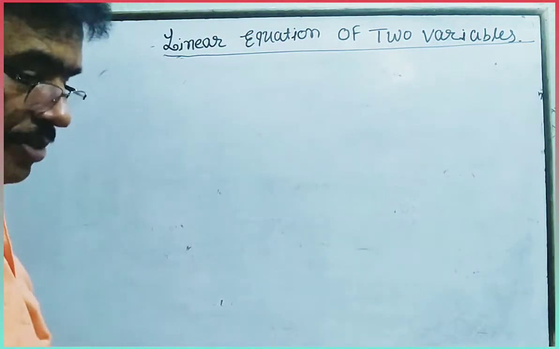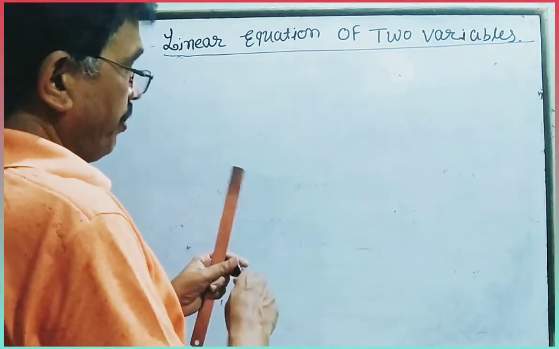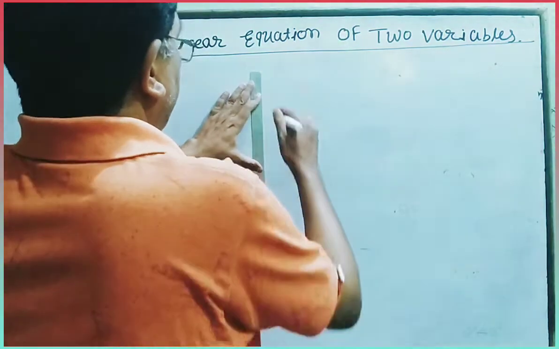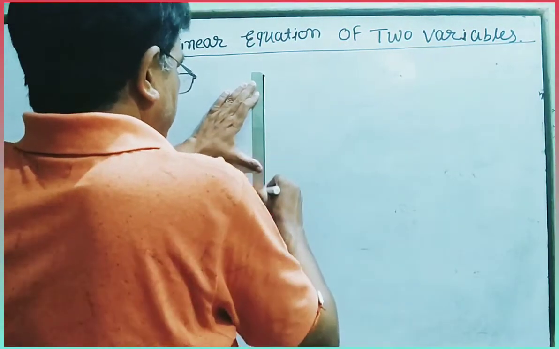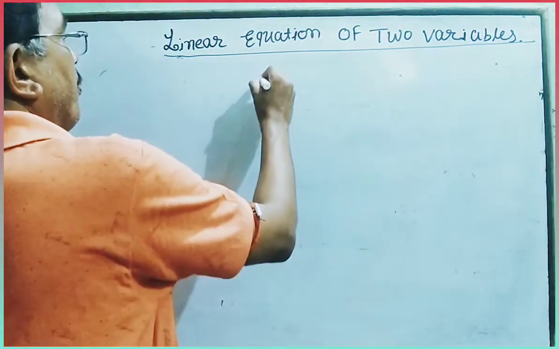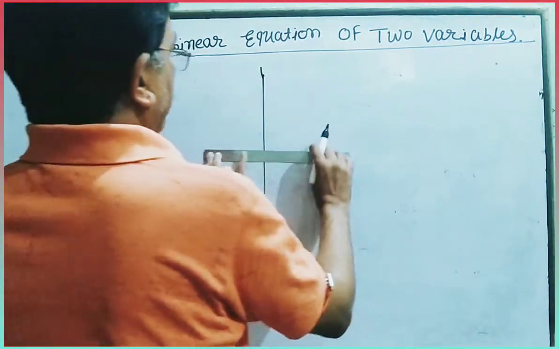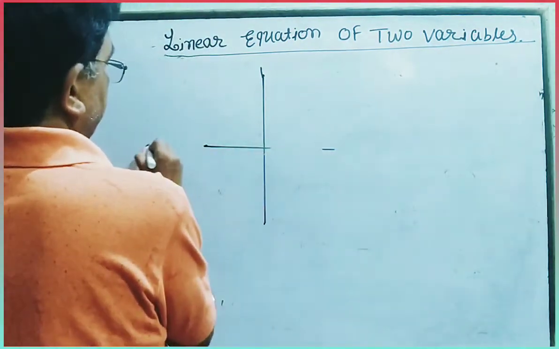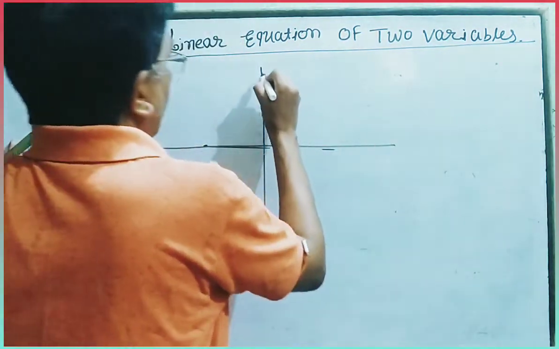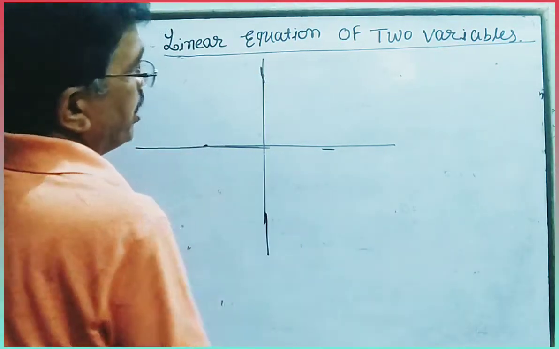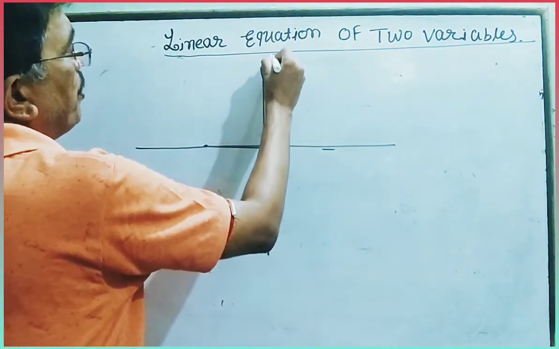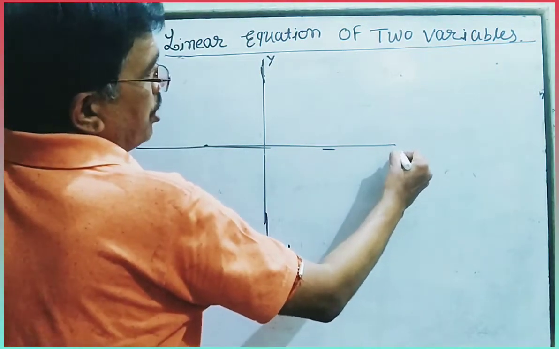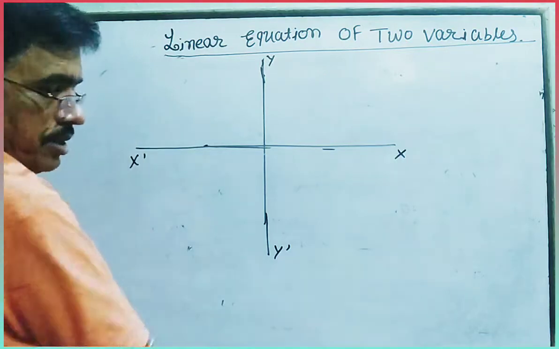Here is the graphical method. In a graph, one line is vertical and another line is horizontal. The vertical one is called y dash and the horizontal one is called x dash.